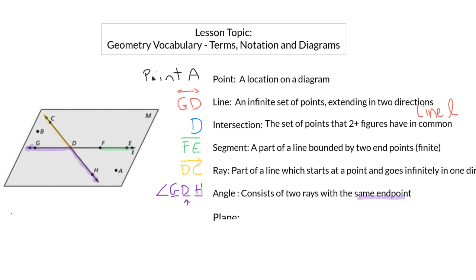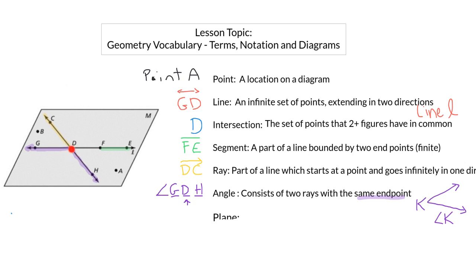In some cases, an angle might be drawn, let's just say like this, somewhere in a picture without additional rays. And then if there's, let's say, a K right here, you could call that simply angle K, but you can't if there are additional rays touching this vertex here.